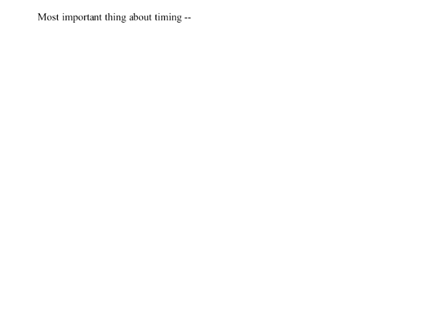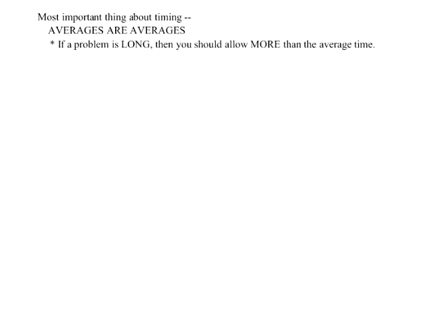Averages are averages. So if a problem is long, you should allow more than the average time. If a problem is short, you should allow less than the average time.